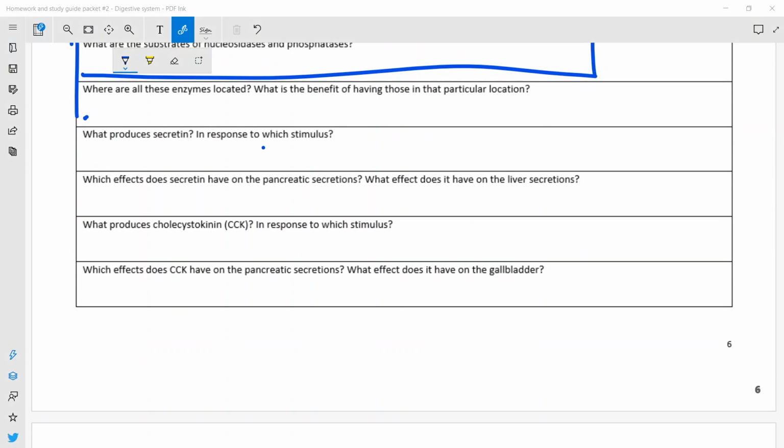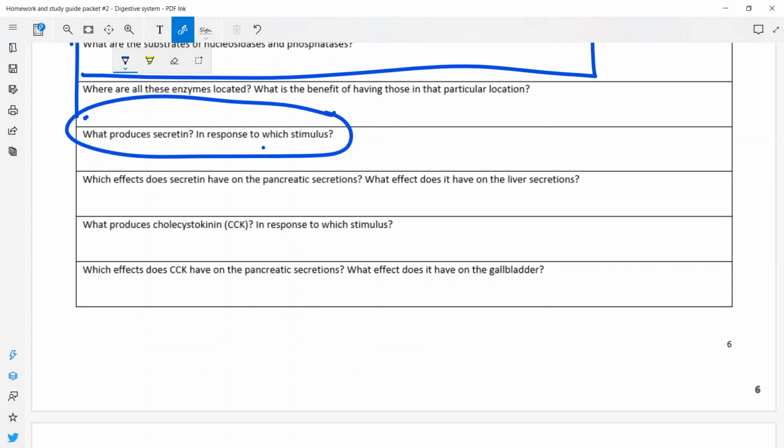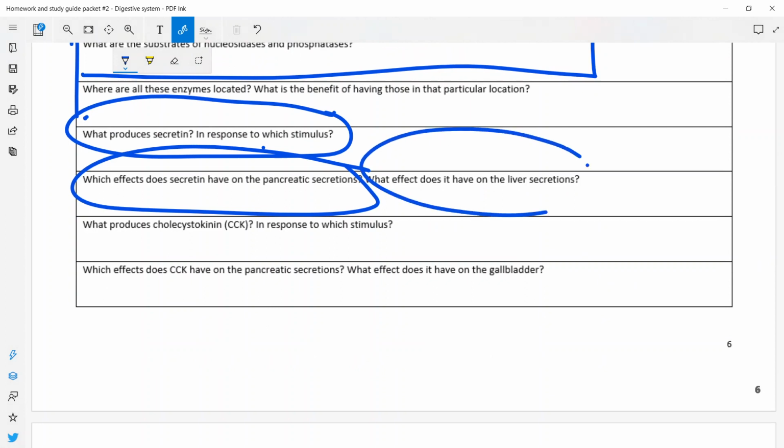So secretin is produced by the intestines in response to acid. Secretin increases secretion of bicarbonate from the pancreas, and it increases the secretion of bile from the liver. Cholecystokinin is produced by the duodenum in response to fats.